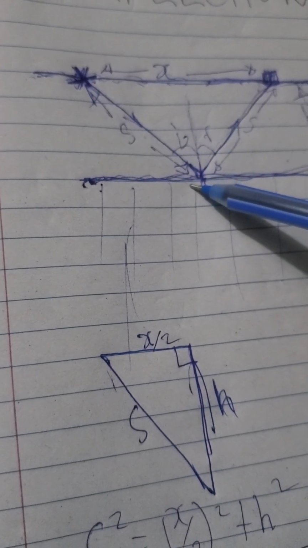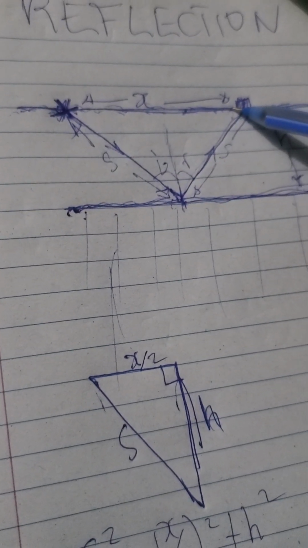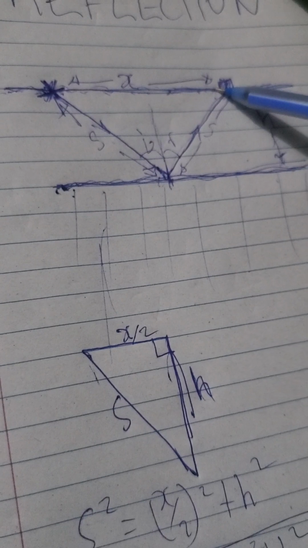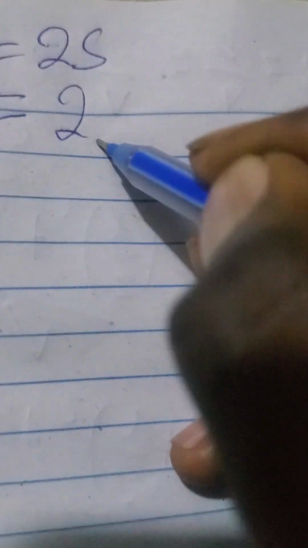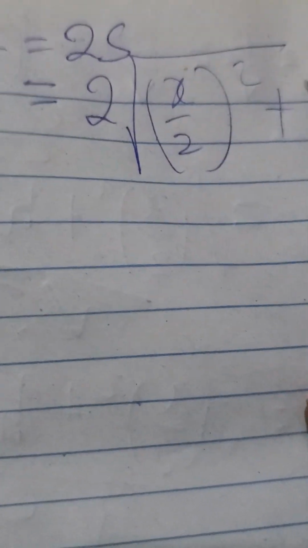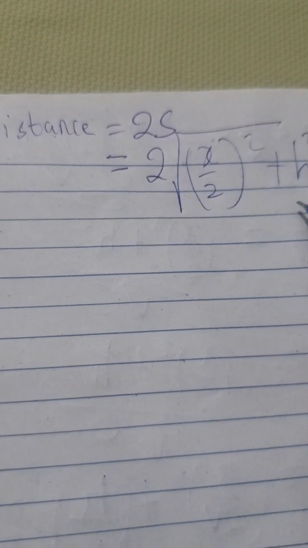Because it has covered the distance s and again s all the way of its path length, and therefore this distance will be 2 square root of x over 2 squared plus h squared. This is the expression for the total distance.